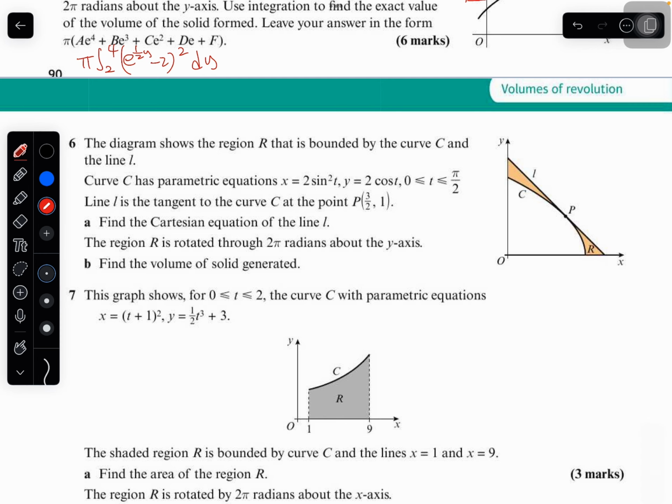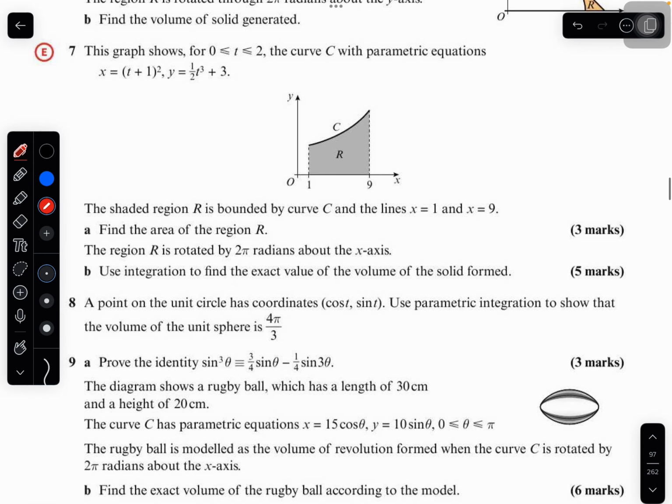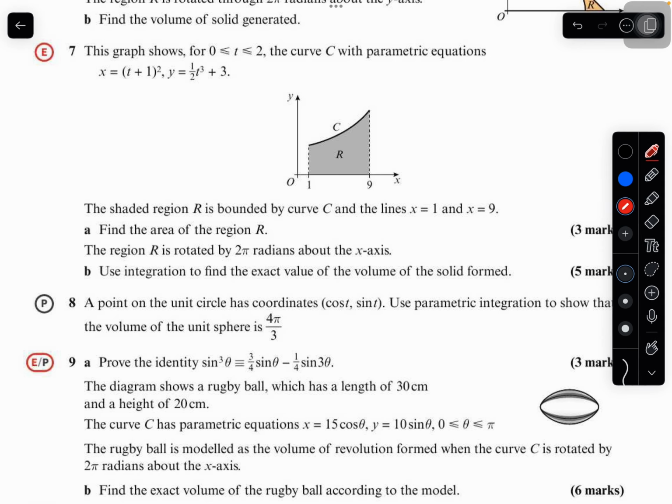So let me go further. Number 7. So here the area is just, this is a parametric equation. Between 1 to 9, the area of region R. So let's do that.